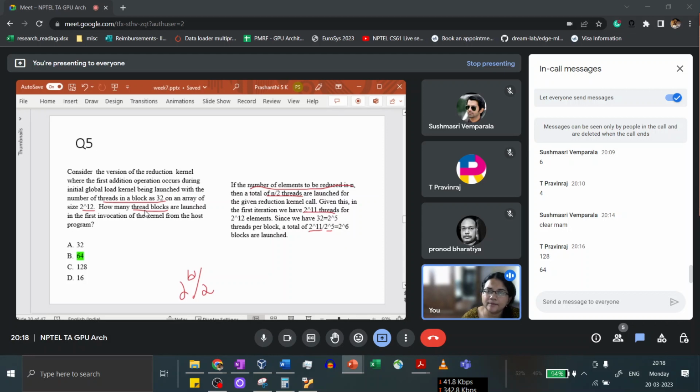That gives you the number of thread blocks that are launched. So the only difference here is you're asked for the blocks. So you have to take the total number of threads and divide it by the threads per block. Total number of threads is 2 power 11 and threads per block is 32, which is 2 power 5. So you divide 2 power 11 by 2 power 5 and it gives you 2 power 6.